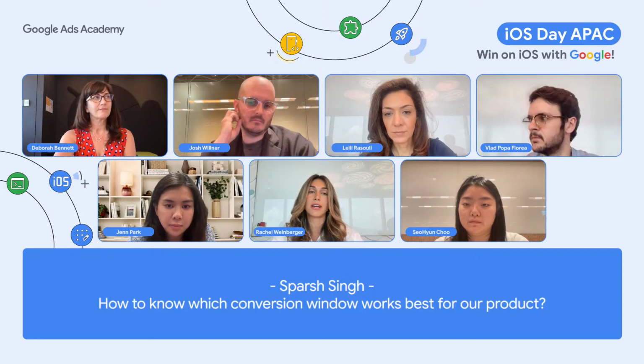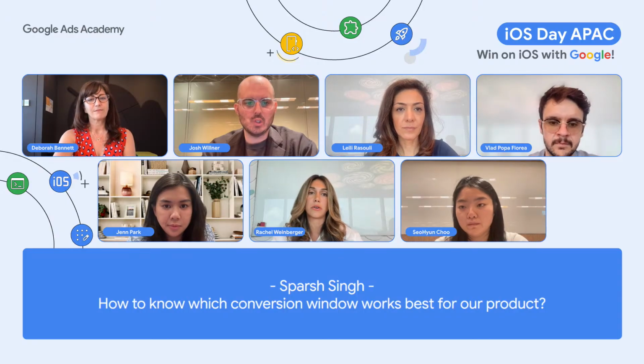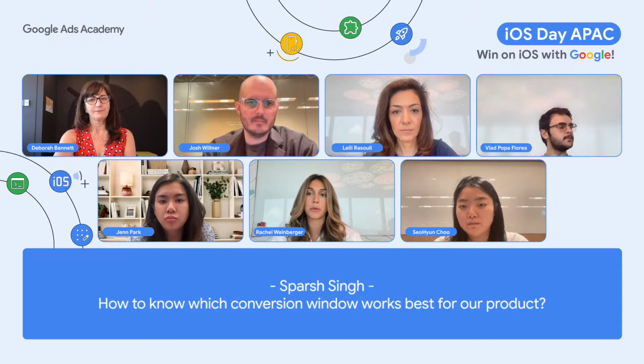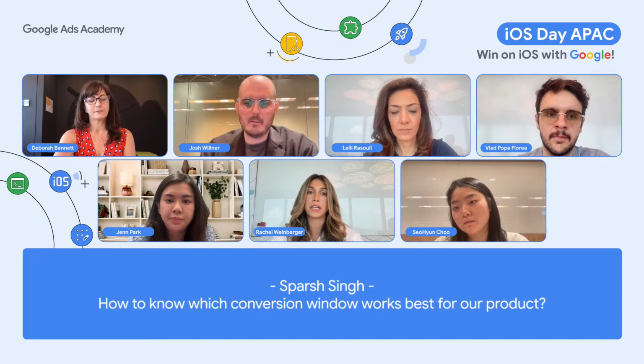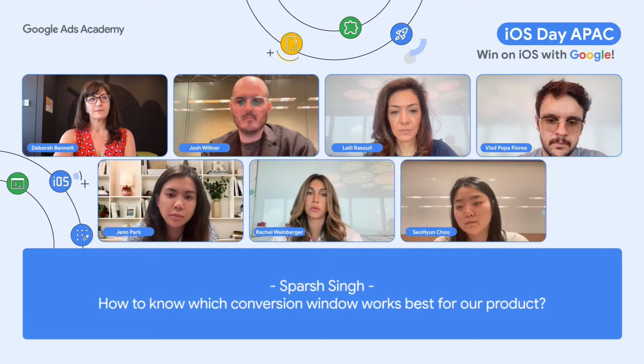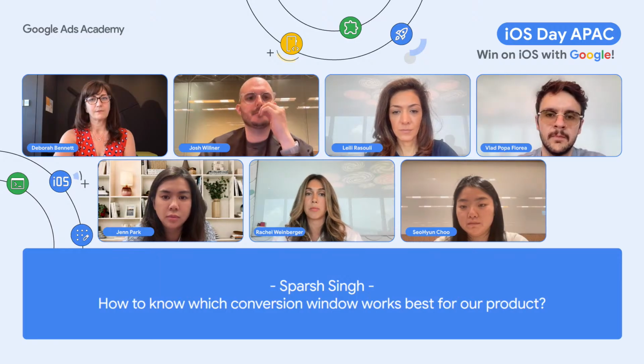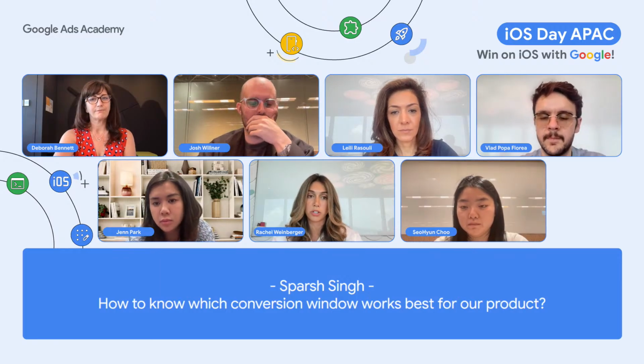There's a trade-off between long windows and short windows. Long windows will allow us to optimize for your long-term value and capture more conversions, but they also slow our and your ability to evaluate performance and for the campaigns to adapt to new learnings. Whereas short attribution windows learn quickly and react quickly, but optimize towards shorter term goals.